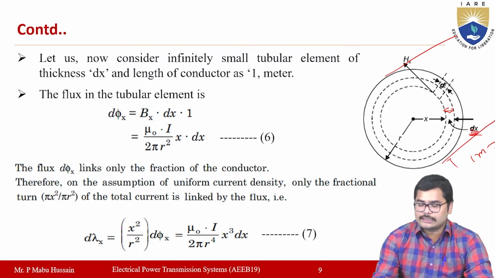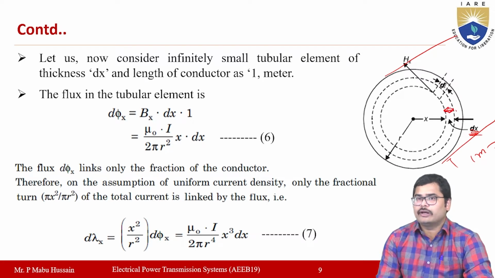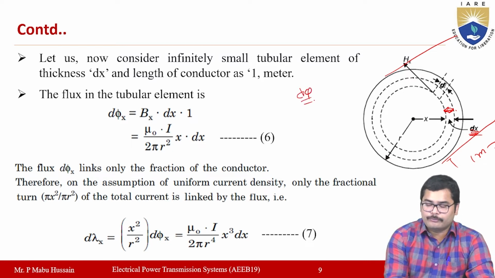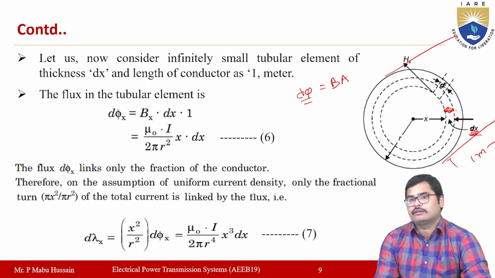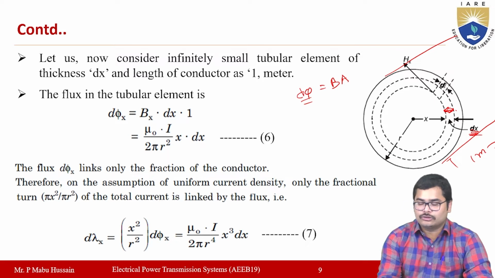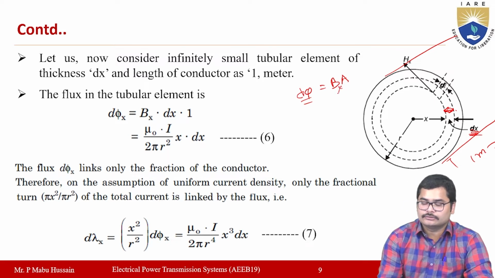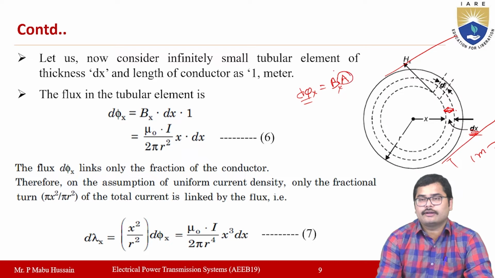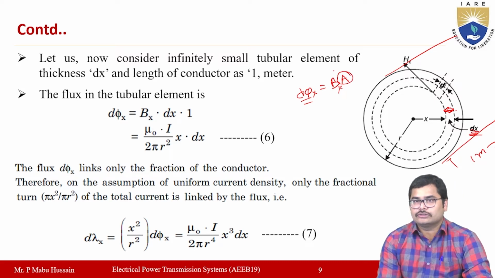Now if you look at the flux inside this tubular element, the flux inside the tubular element can be written as d phi. So d phi will be equal to B into area. So d phi x is equal to Bx into A, where A is the area, length into distance.